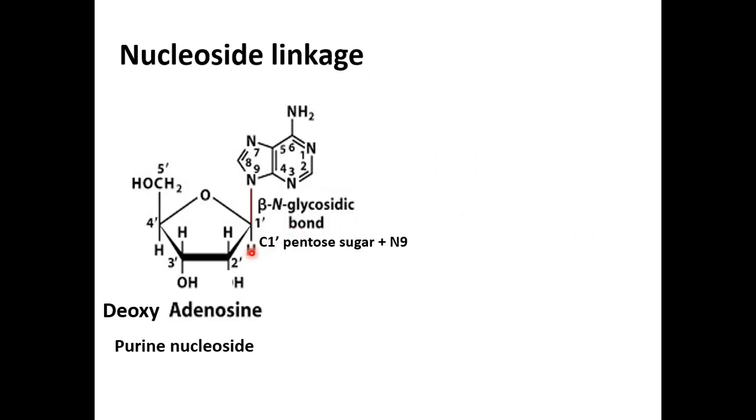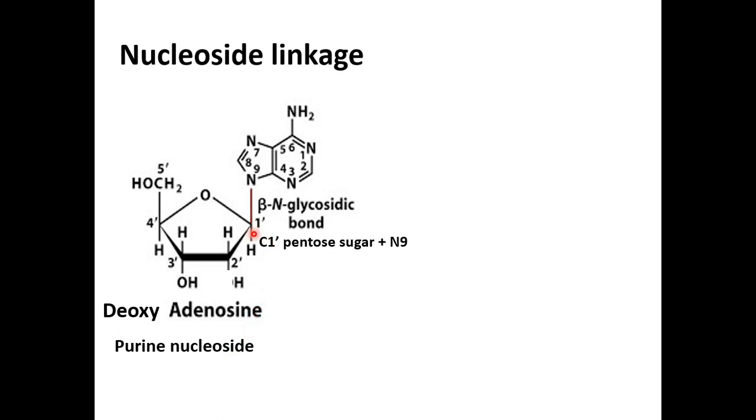These nucleosides, that is the sugar and the nitrogen base, are linked by a beta N glycosidic bond, because it is a sugar, so it is a glycosidic bond, and there is a nitrogen. So that's why it is a beta N glycosidic bond. There is a difference between the purine linkage and the pyrimidine linkage. This is the purine nucleoside.